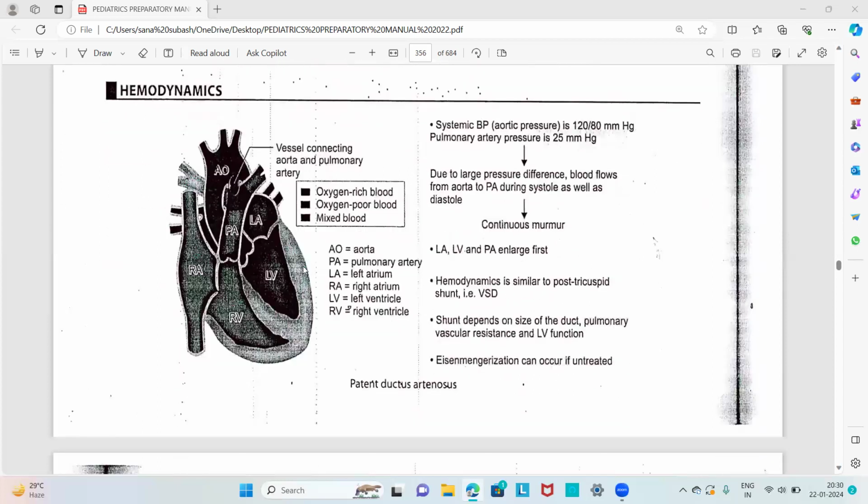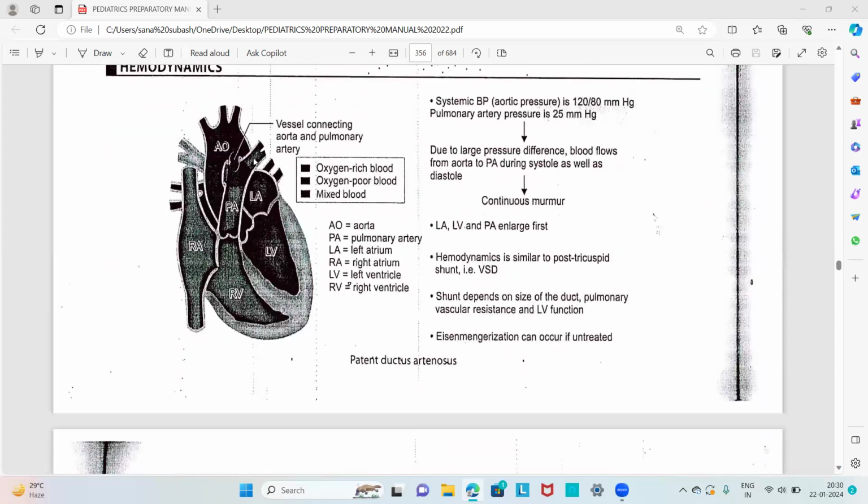Then the hemodynamics of the PDA. Usually the systemic BP is 120/80 mmHg in the aorta, and in the pulmonary artery the pressure is 25 mmHg. So blood shifts from the aorta to the pulmonary artery through the ductus arteriosus.